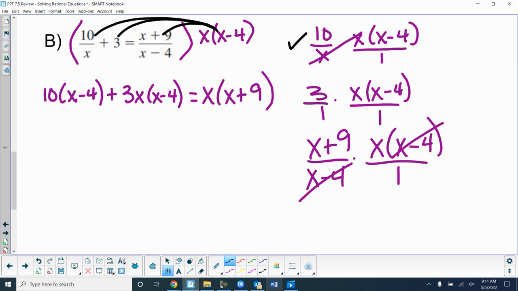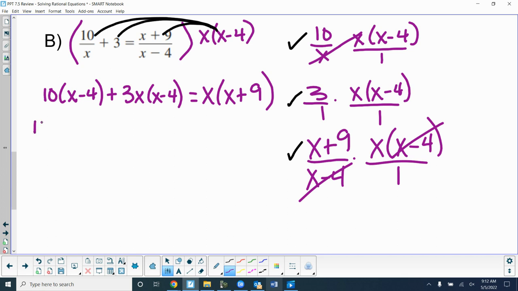So those here are the three problems I did when I distributed. So I wrote them out over here. And denominators will always get canceled. So all I gotta do is multiply the numerators to get that line of terms. Don't forget to put your equal sign in the right spot, right? Now I want to distribute the 10, the 3x, and the x. Okay?